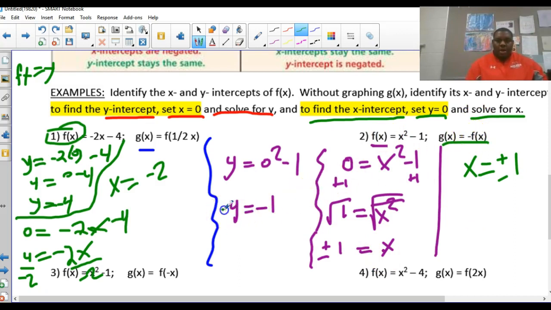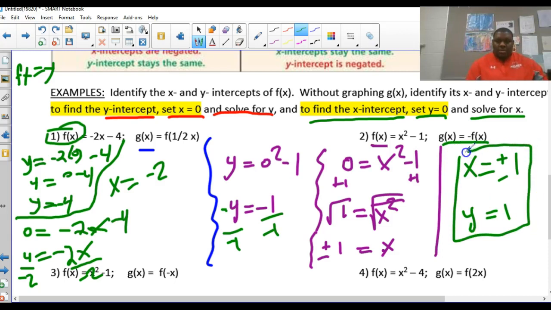So I put the negative right here, and if I solve that, I'm going to the 1, and that becomes positive 1. So this is your x and y intercept for g of x. That's basically what we're looking for here. What is the x and y intercept of g of x?